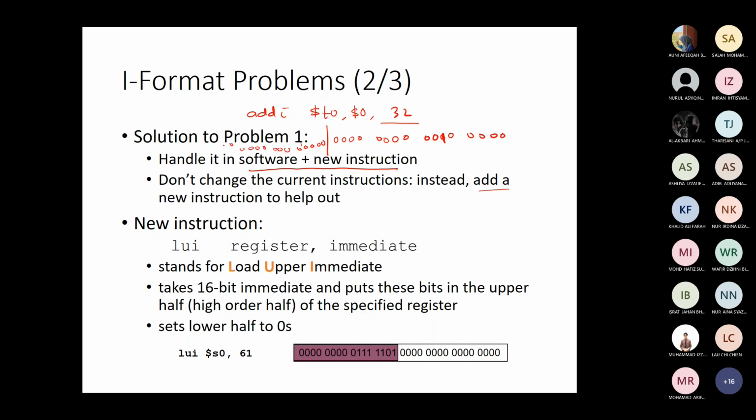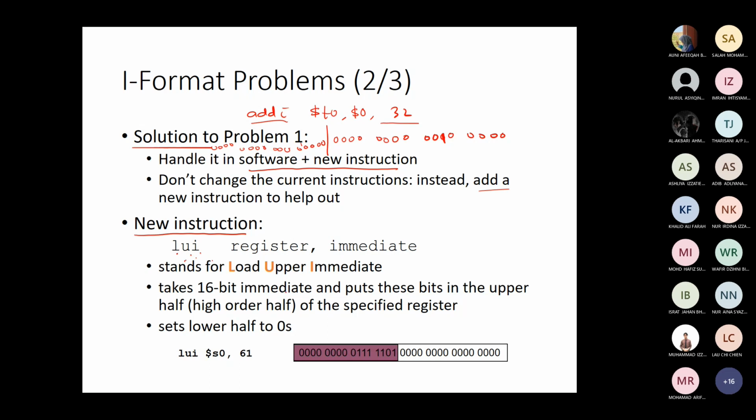So if you want to use the whole 32 bits, then we cannot use ADDI here. Instead we use a new instruction called load upper immediate, LUI.